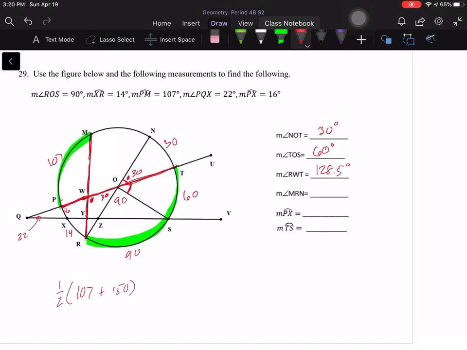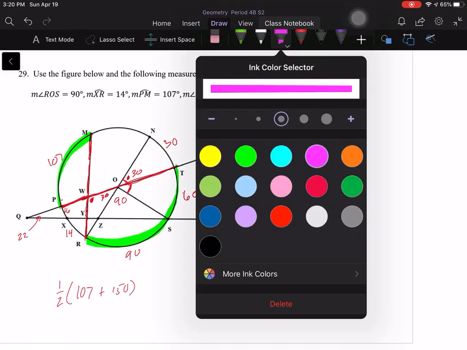The measure of angle MRN. MRN. Okay, so again, let me use a different highlighter color here.